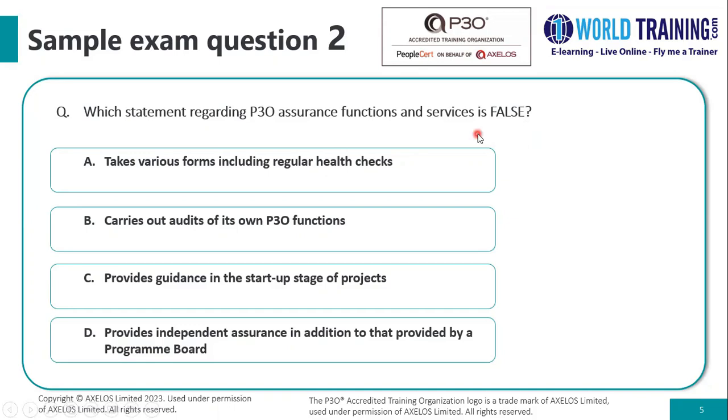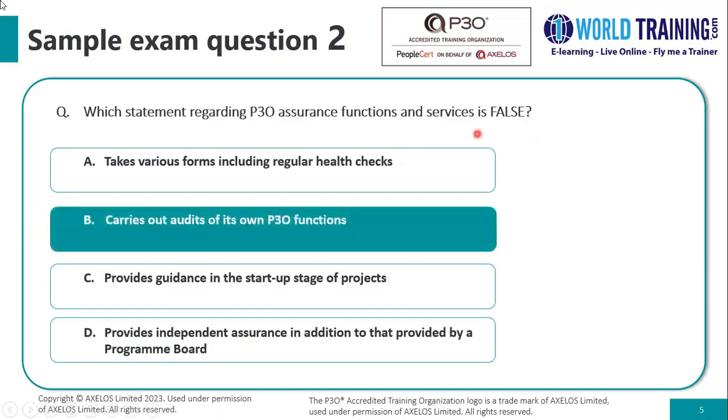The correct answer for this particular question is B. P3O assurance does not carry out its own audits. It's like doing homework and marking your own paper. That would be a conflict of interest, and therefore B is a false statement.